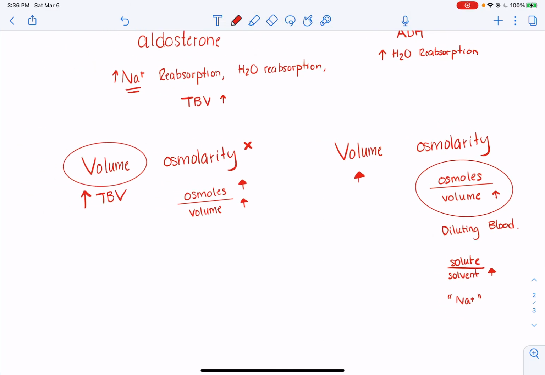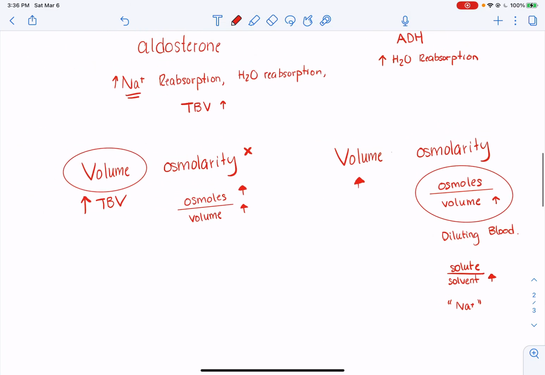So just to recap, antidiuretic hormone is going to increase the total blood volume, and it is going to have a decreasing effect on your osmolarity, such that it will appear that the blood is more dilute.